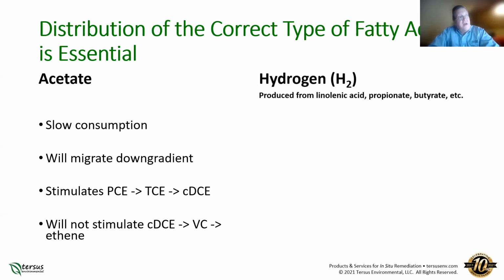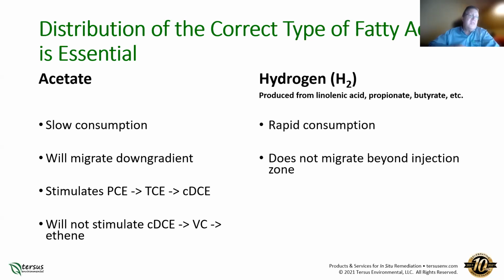Hydrogen is produced through linoleic acid, propionate, butyrate, et cetera, so really it is produced from very specific volatile fatty acids. Unfortunately, hydrogen has rapid consumption, and it doesn't migrate beyond the injection zone.